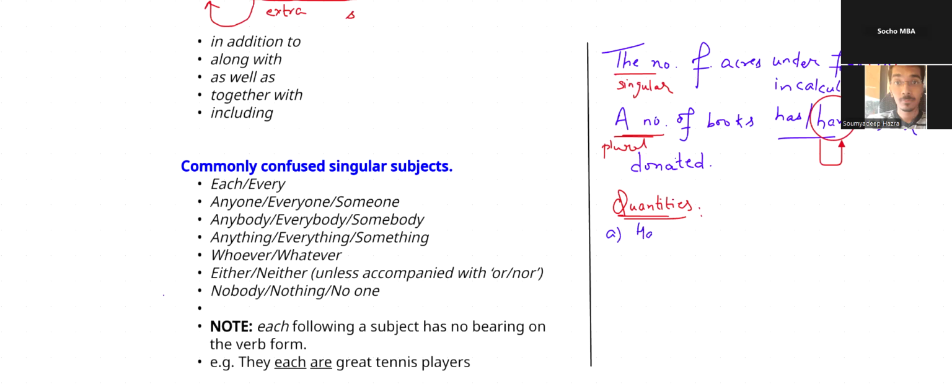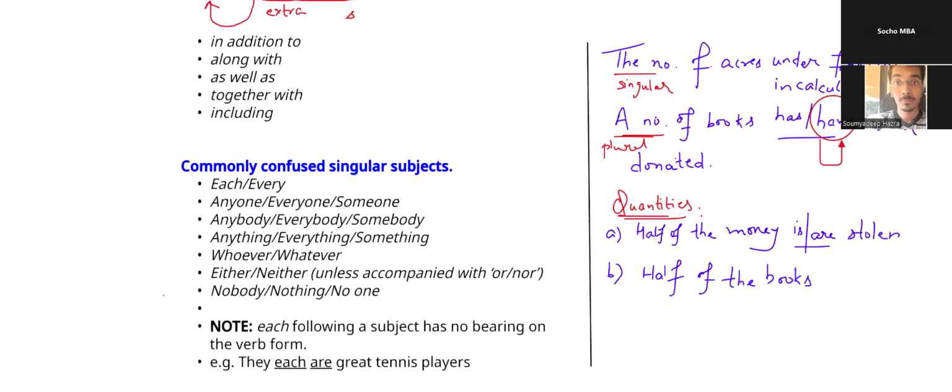Half of the money is or are stolen. Half of the books is or are stolen. पहले वाला में इज आएगा, हाफ ऑफ द मनी इज स्टोलन. और सेकंड वाला में आर आएगा. Done now.